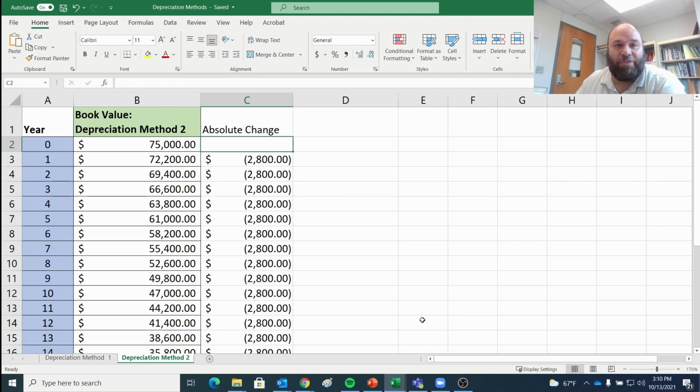What do we start with? Well, we start with 75,000 for our book value because that's what we purchased this thing for. So for example, in year 6, we subtract 2,800 6 times. And then subtract that from 75,000. So we multiply 6 times 2,800, subtract the result from 75,000, and we get 58,200.